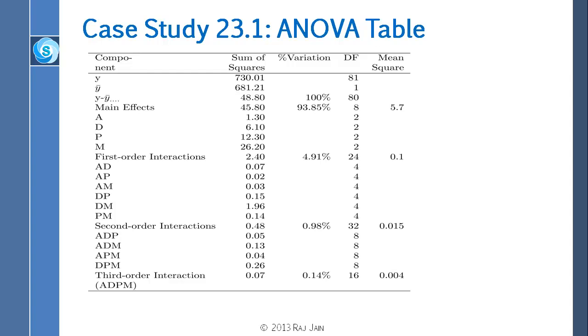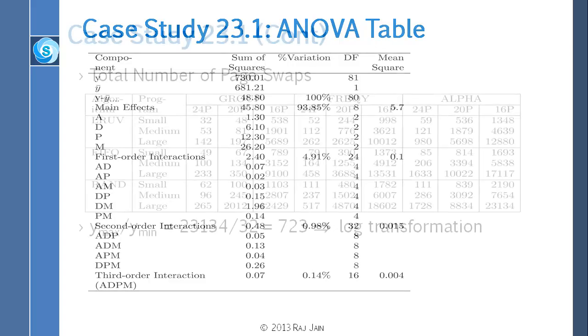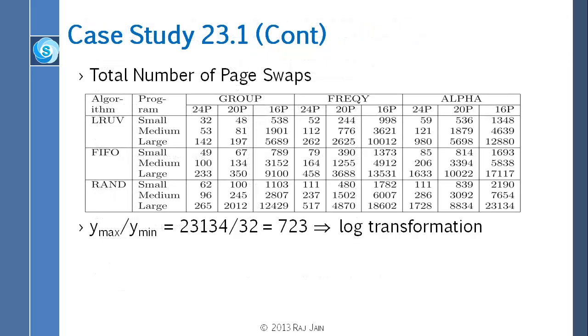Anyway, so what we have done is we analyzed the design, and this is a case study, so these are all real data, and what it is saying is that the best replacement algorithm is RAND. Actually, let me first see. I'm sorry, it's not RAND.